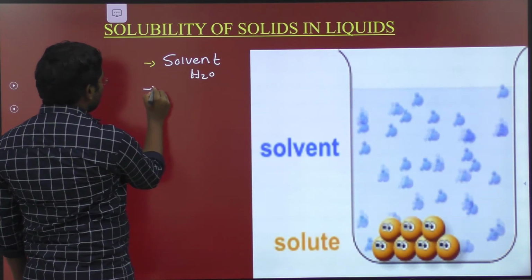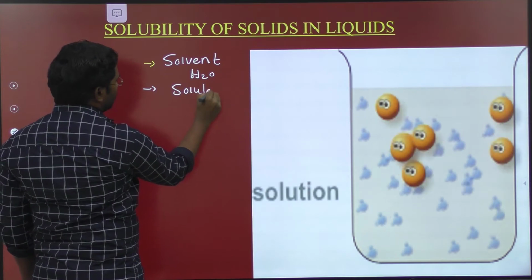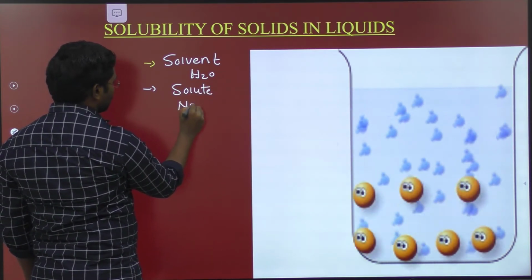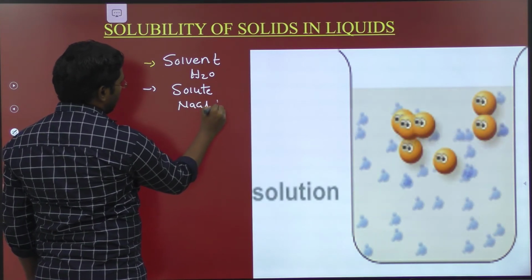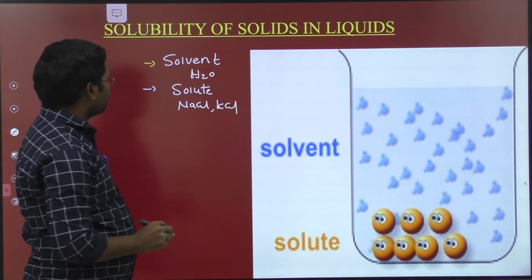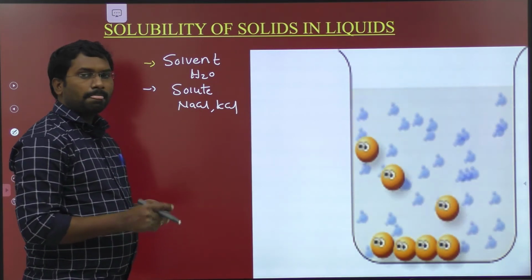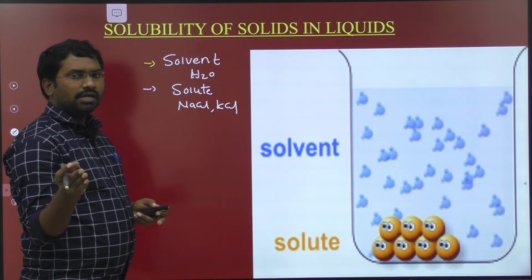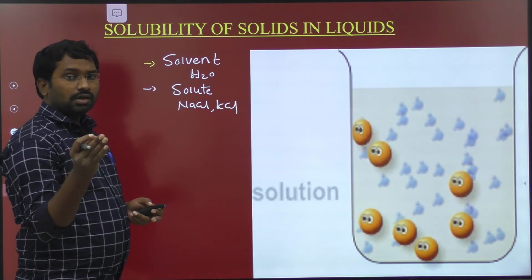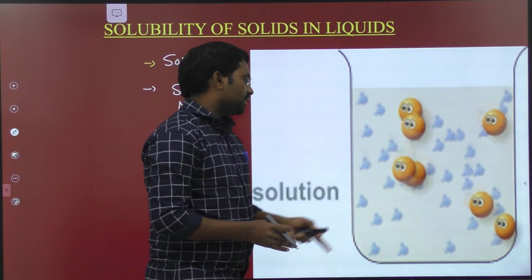In the case of the solute, I take a little amount of sodium chloride or potassium chloride, etc. These are all ionic solids. When ionic solids like sodium chloride and potassium chloride are added to a little water, we notice that they can easily dissolve in water.